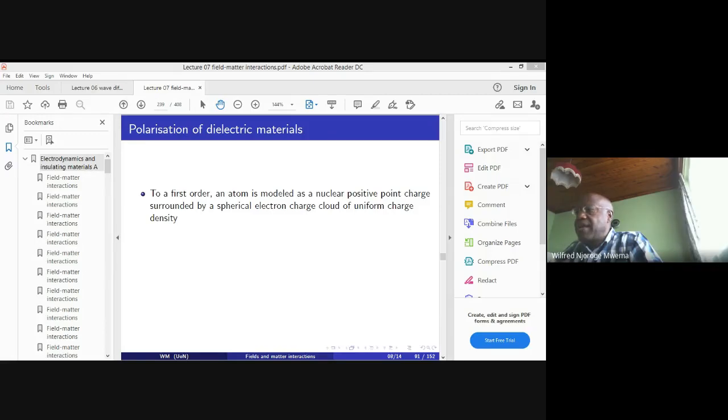So I'm going to request that I do the split of the session after I'm through with the insulating materials, which I'm sure we can cover in just a few lessons, because mainly it's just descriptive.